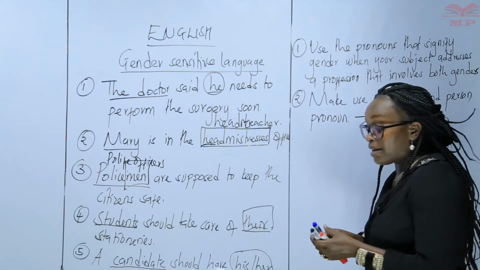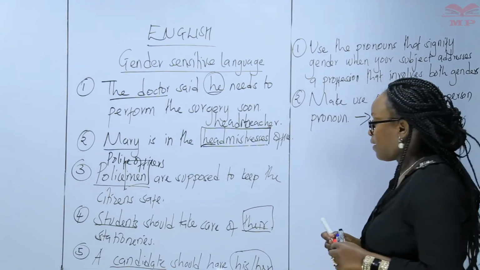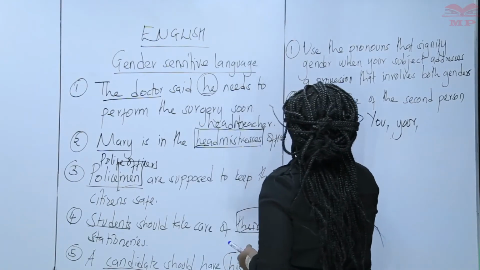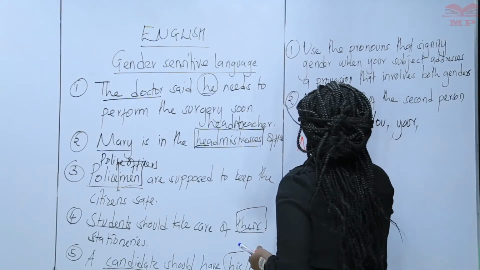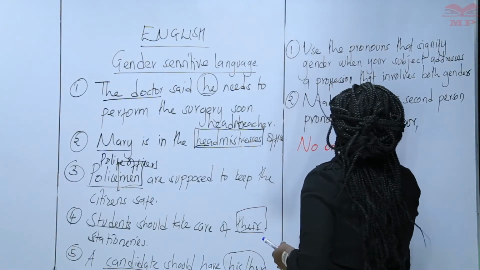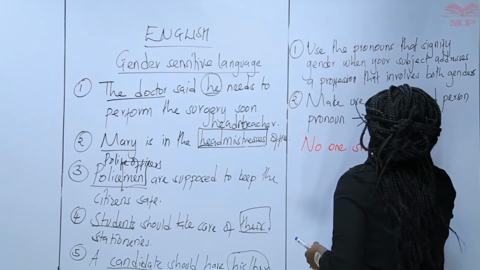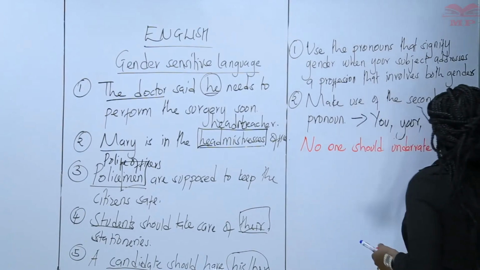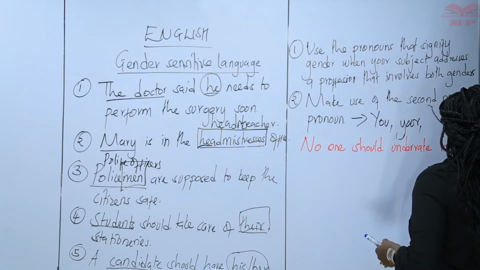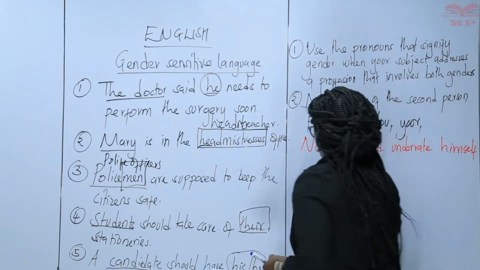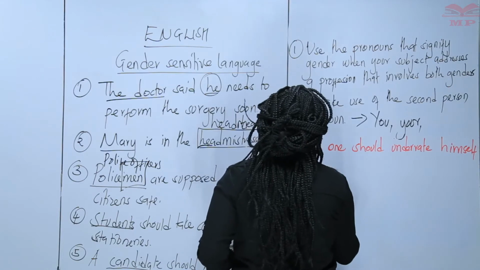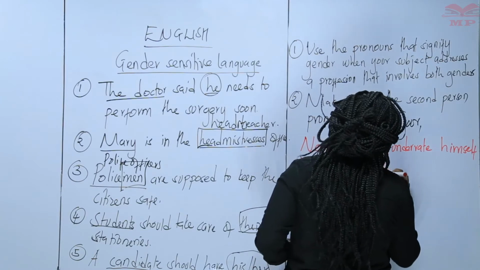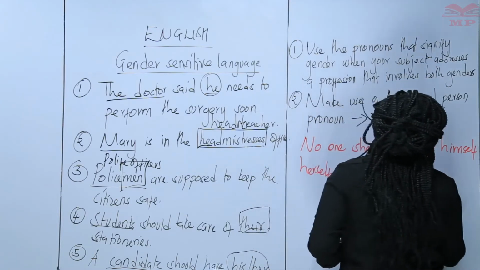So I'm going to give an example of a sentence so that you understand what I'm talking about. So for example, if we have a sentence like, no one should underrate himself or herself for failing exams.